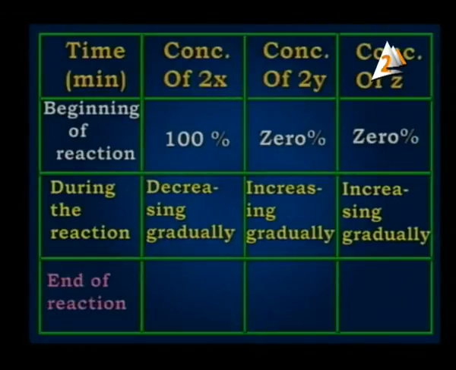And the last one, end of reaction: 2x is 0%. Why? Because 2x is the reactant that is used up, or finished. After that it changes into 0%, and the products reach 100% each, 2y or z.